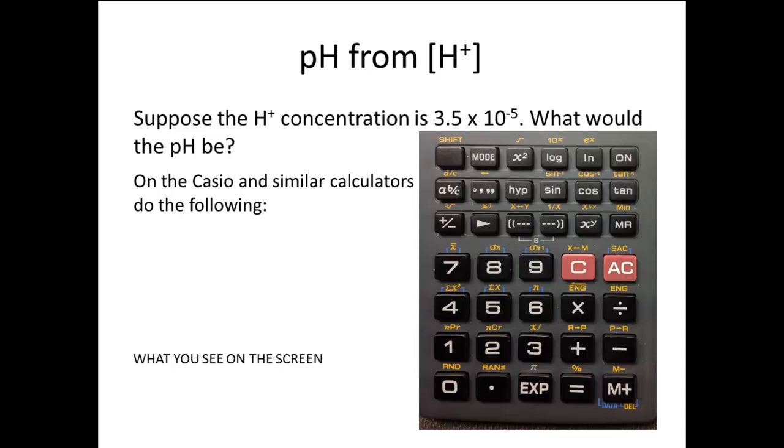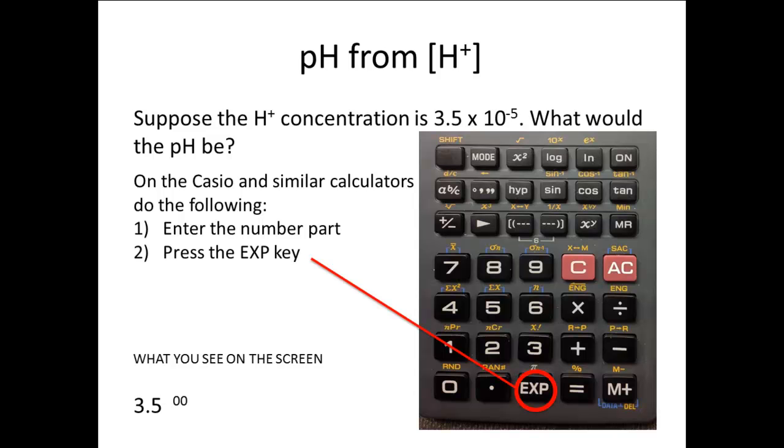On the Casio and similar calculators, this is the procedure. First, enter the number part, 3.5. Then, press the EXP key. That shows 2 little zeros above and to the right of the number.